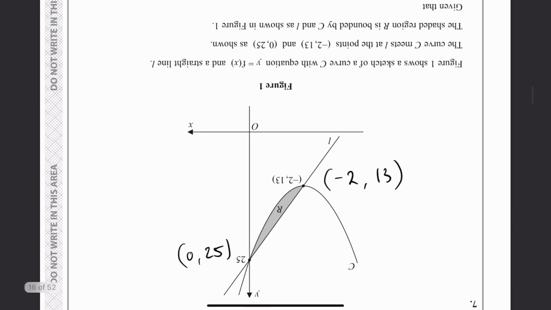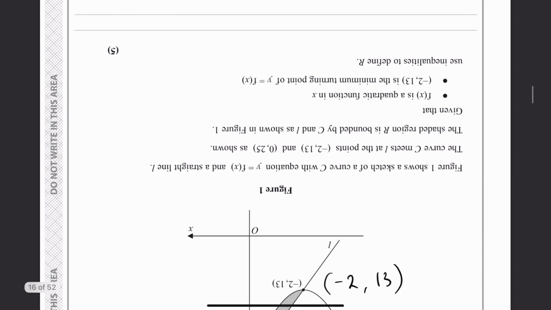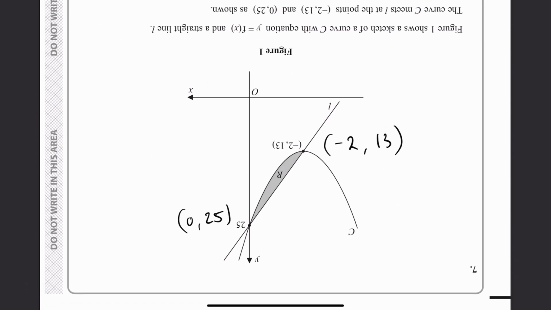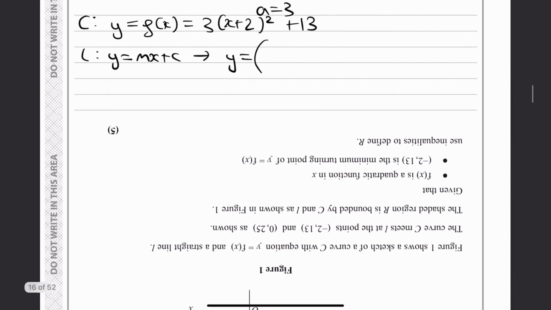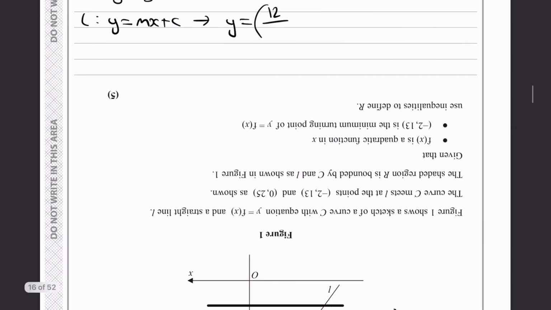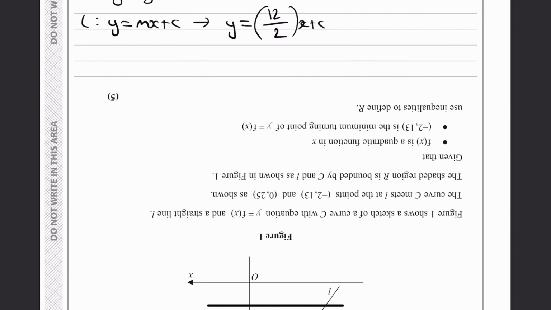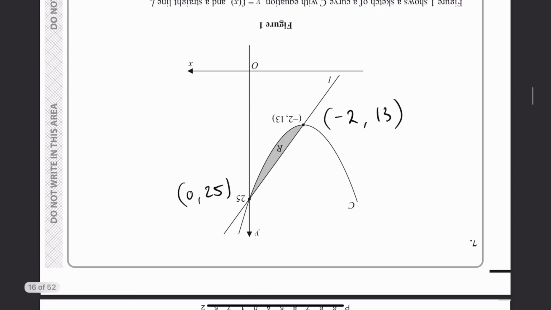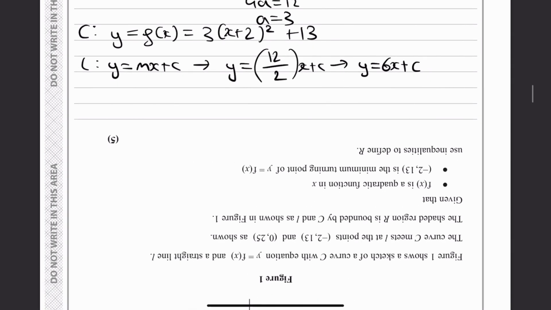Sorry, need to do change in y first. So I'll do this point minus this point. So we got 25 minus 13, which is just 12, over 0 minus minus 2. So 12 over 2, y equals 6x plus c, and since we have the y-intercept, we know c is equal to 25. So L is y equals 6x plus 25.